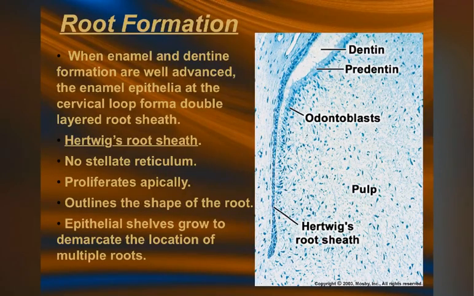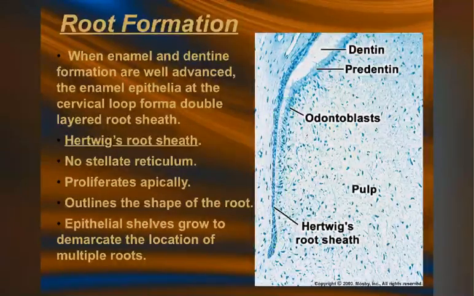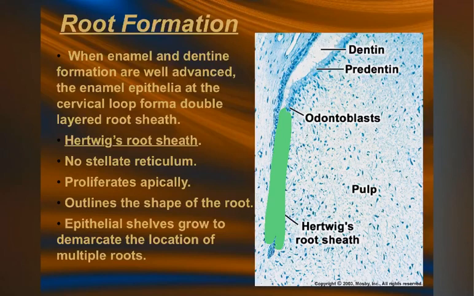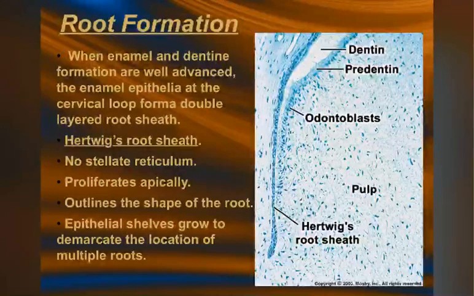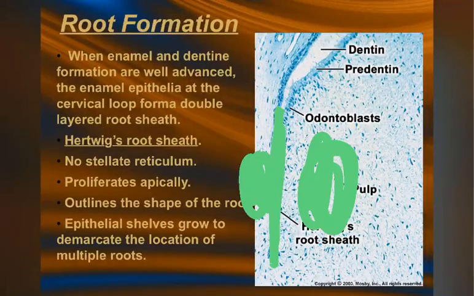So the Hertwig's epithelial root sheath is a bilayered, double-layered sheath that has its internal part as internal enamel epithelium and its external part as external enamel epithelium. It's like a sheath separating the dental papilla, which is here, from the inner investing layer of the dental follicle.